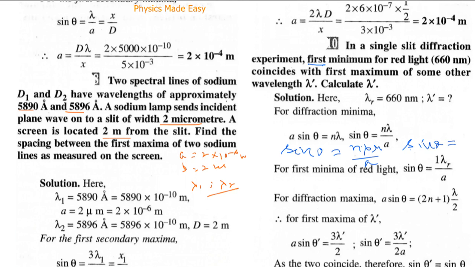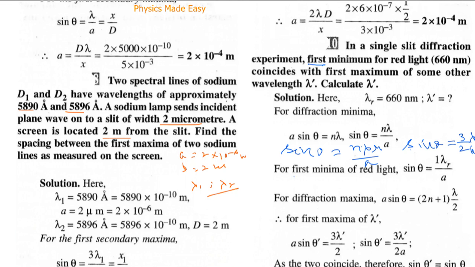Say first minima coincides with the first maxima. This is the condition for first minima. The condition for first maxima is this. Now these two coincide. These two are the same. From here you can find out lambda.